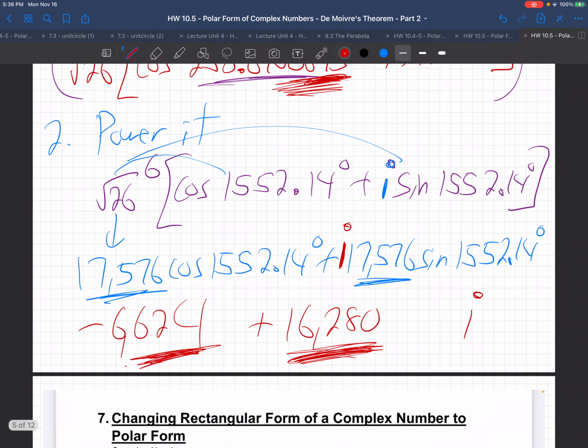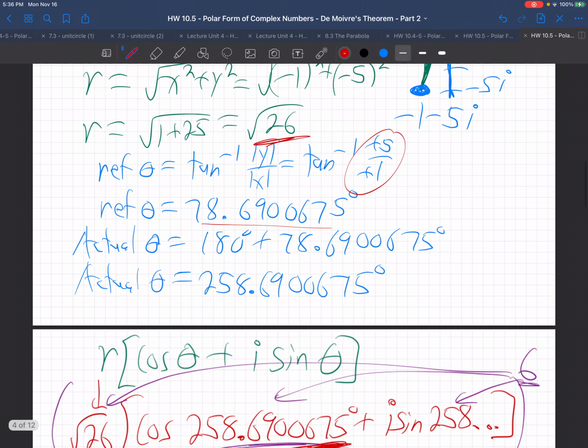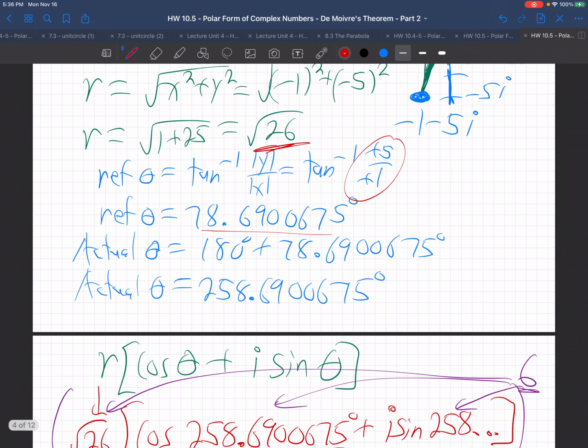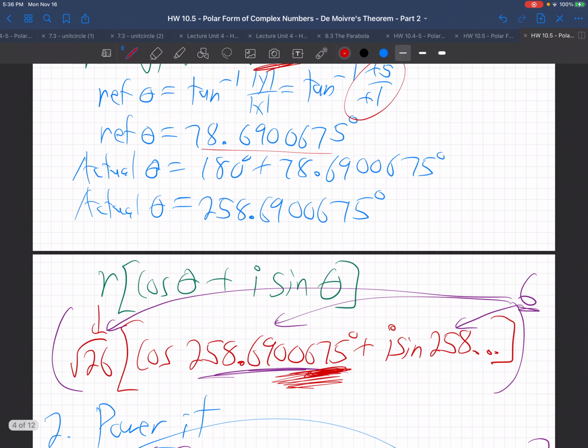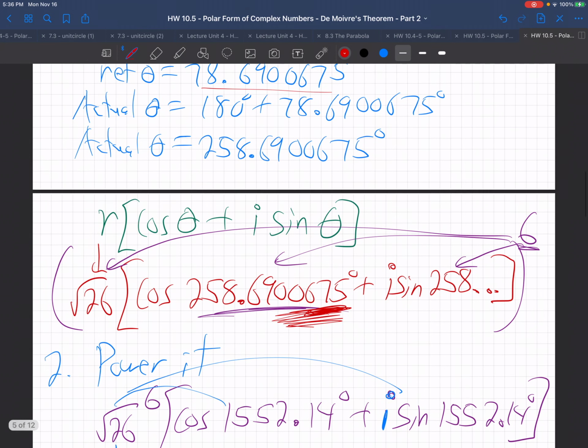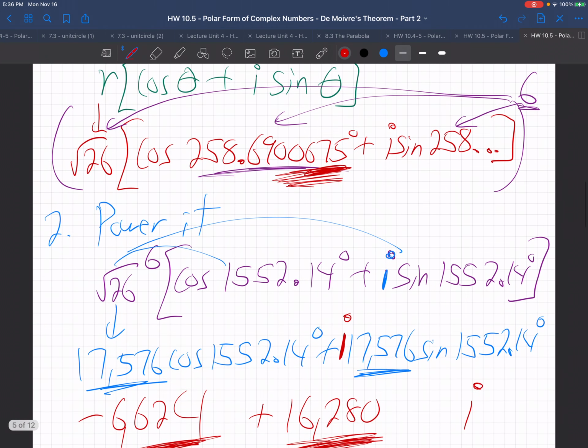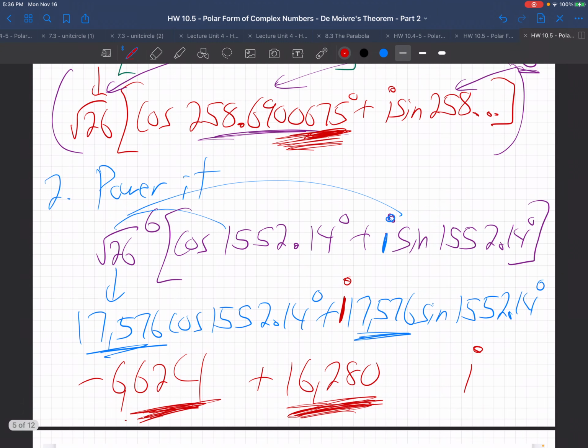Let me see. Am I getting the exact value? I don't think I am. What did I do wrong there? Yeah. So let me try it again. So tangent inverse of the 5, you get that 78. We add 180. We get that right there, and then we take the cosine of that times that, and we get our exact answer.